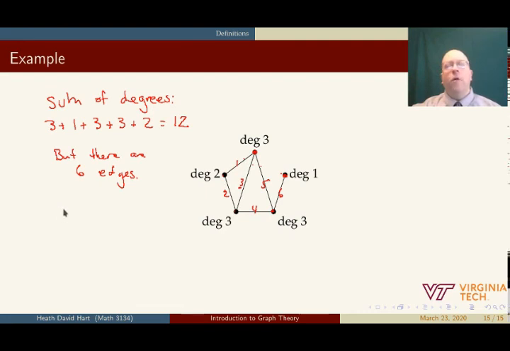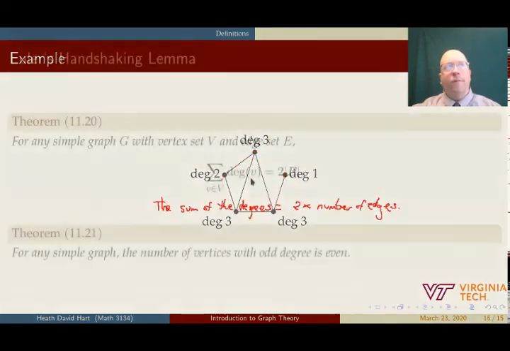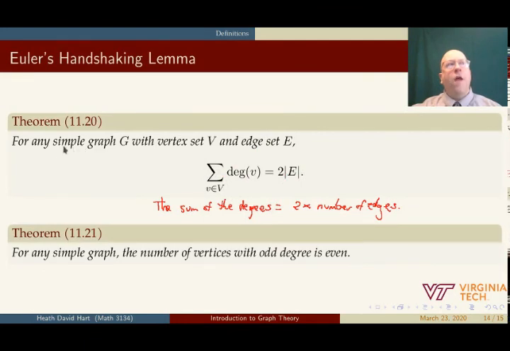And so that's why the handshaking lemma works, is that if we add up the degrees, we're counting every edge at both endpoints. That's also why we need a graph to be simple, so that when we sum the degrees, we get edges at 2 different endpoints and not edges that have the same endpoint on both sides.